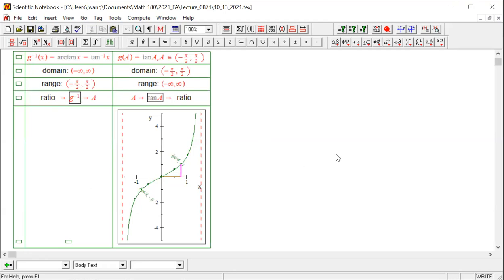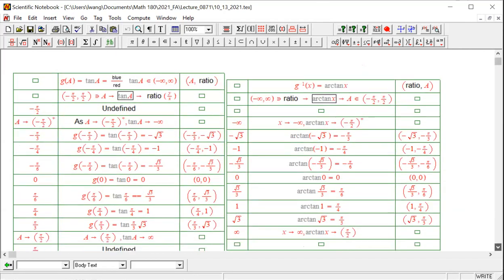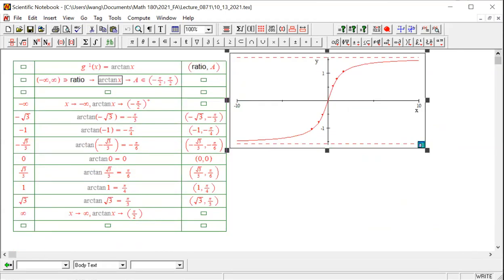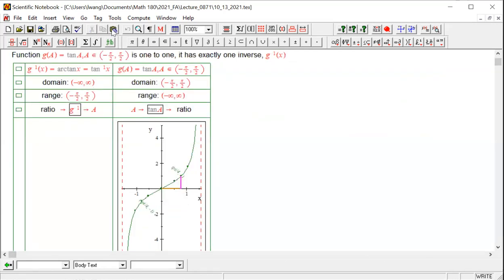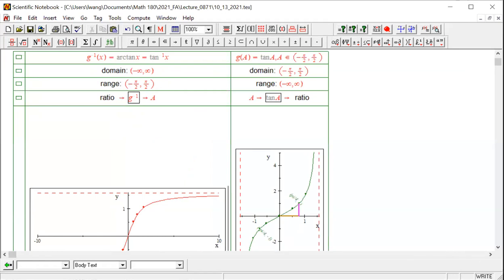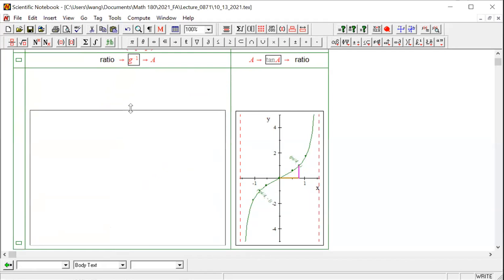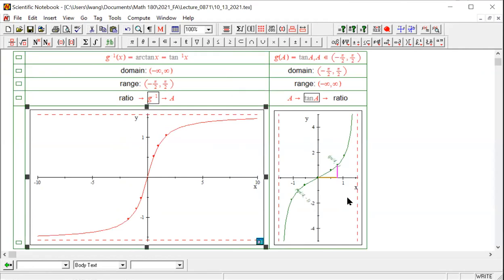Okay, so let's bring our ArcTangent here. Okay, over here. So now they're side by side, right? Are we good?